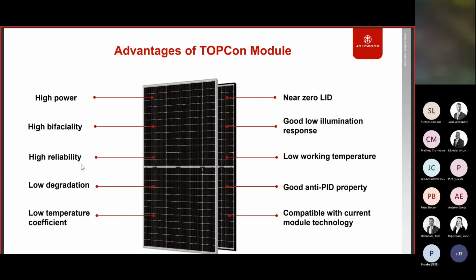Okay, and so the reliability is also really good. And later we can show the third-party test result. We can see that the power degradation is less than the IEC's criteria. And the next is the low degradation.